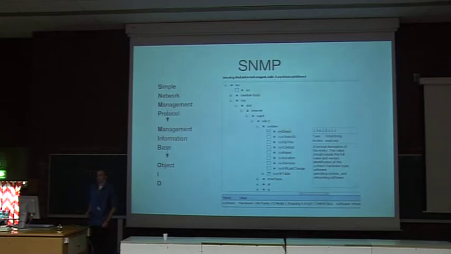SNMP is the most commonly utilized source of information when it comes to topology discovery. It works like this: on the SNMP-enabled device there's a MIB, which is a hierarchical database with a nameless root, and it stores the information about the hardware and software configuration and performance of the device.